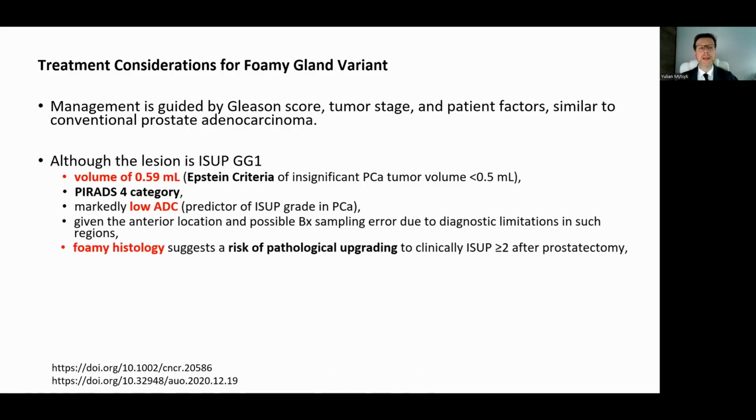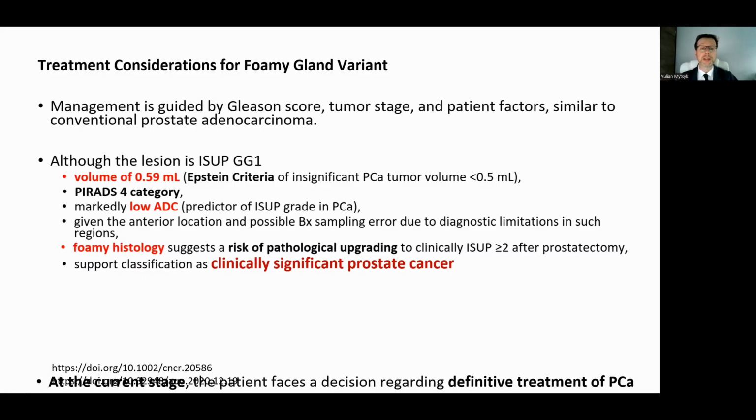Foamy histology also suggests a risk of pathological upgrading to clinically significant prostate cancer after prostatectomy. This supported the classification of this lesion as clinically significant prostate cancer.